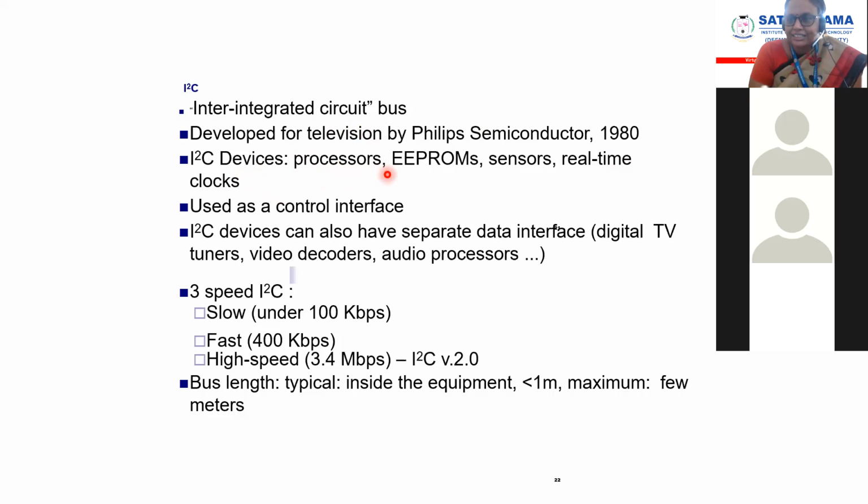I square C is used over a length of less than 1 meter, within a particular instrument or board, not like RS-232, which cannot be used over 50 feet. And CAN bus is employed in power trains or the car body.